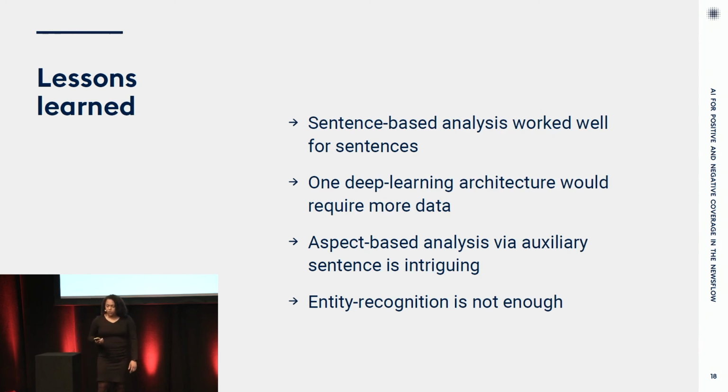Regarding the entity recognition, this is the most tricky part, because when we started our project, we thought if we just identify the entities would be enough. And soon we realized we also need to include the co-references of our entity in our analysis.